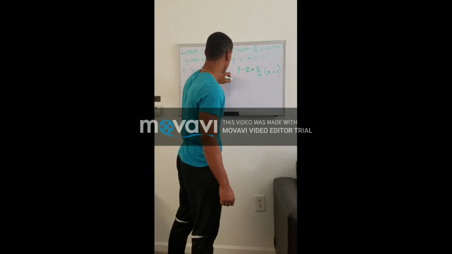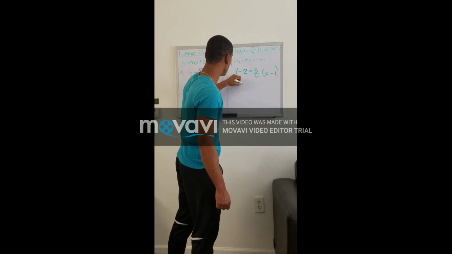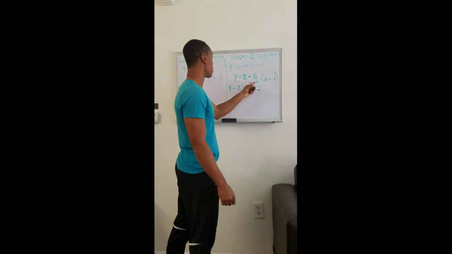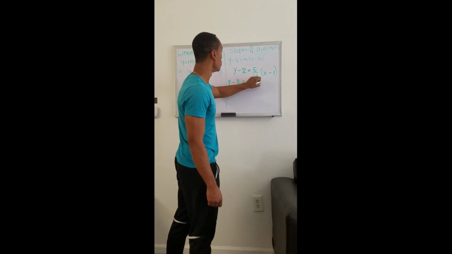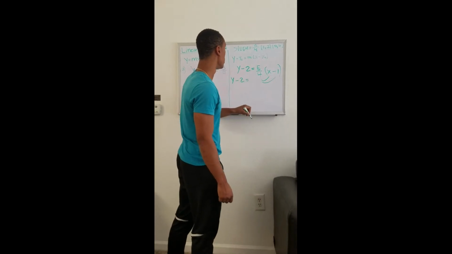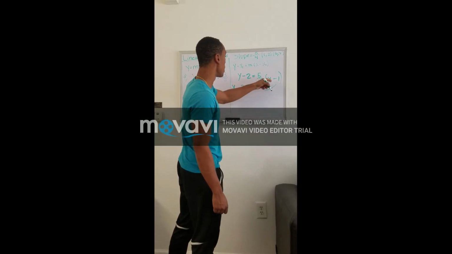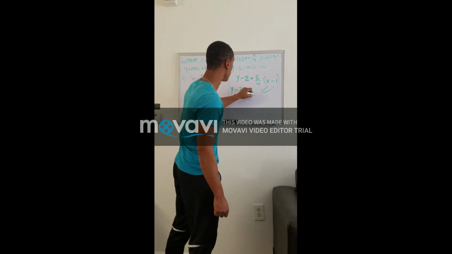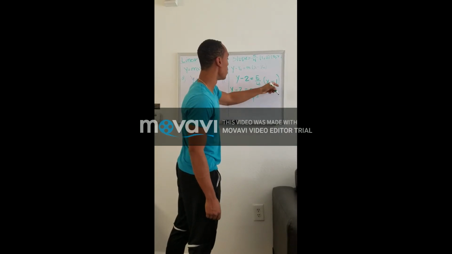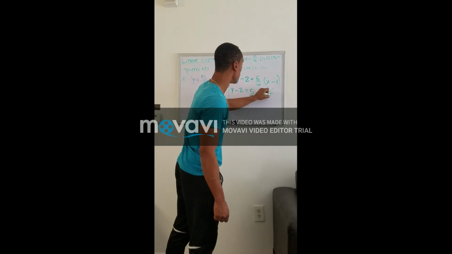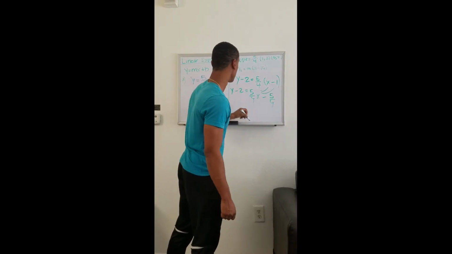Okay, so we got y minus 2 equals, we're going to distribute 5 over 4 into x and minus 1. So 5 over 4 times x is 5 over 4x. 5 over 4 times 1 is 5 over 4.